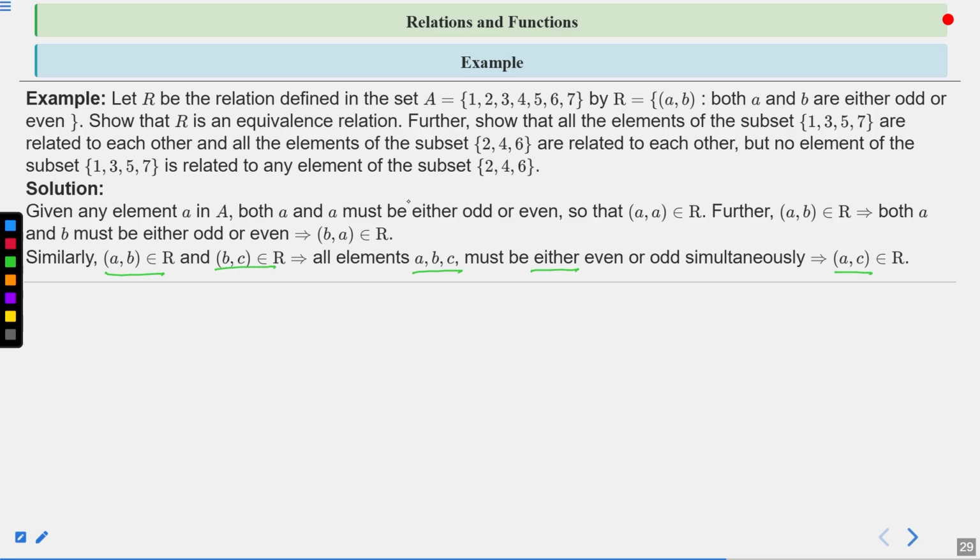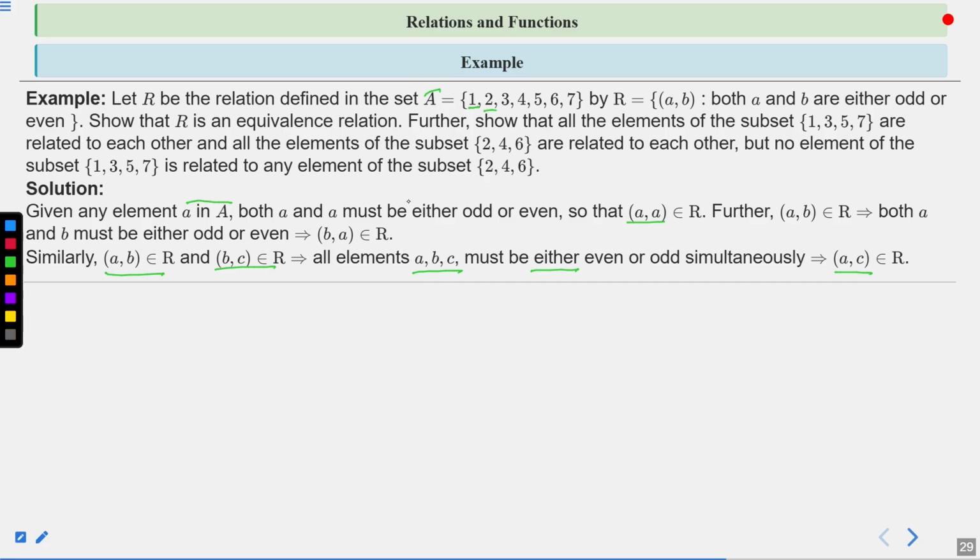So let me just go through once again. If you start with any a, you are going to pick a from this set, and you can only pick one element at a time. If you pick an odd element, then (a, a) will be (odd, odd).